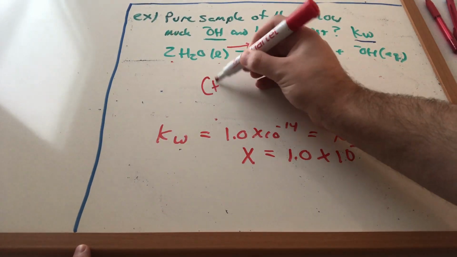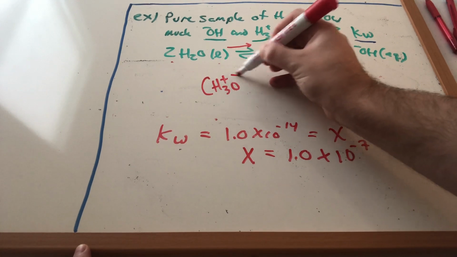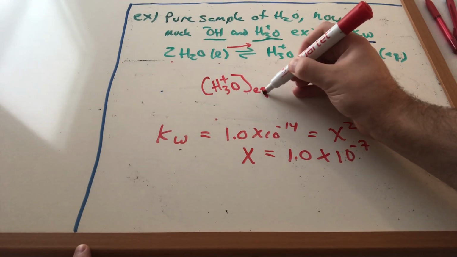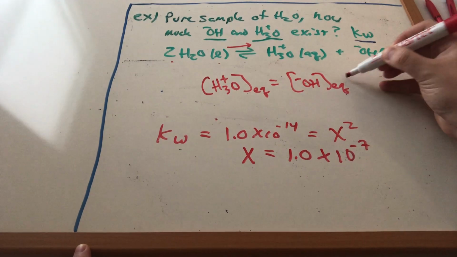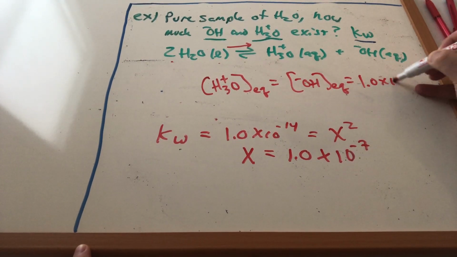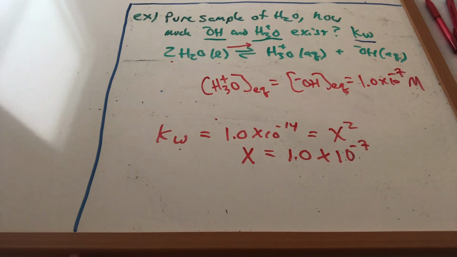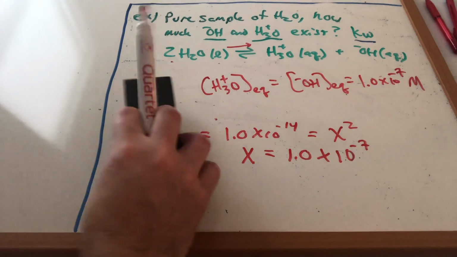They're both equal to 1.0 times 10 to the minus 7 molar.